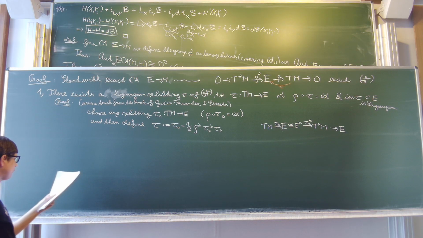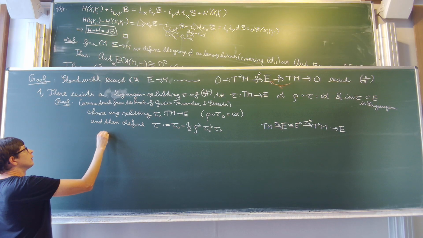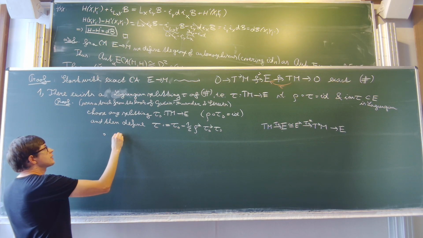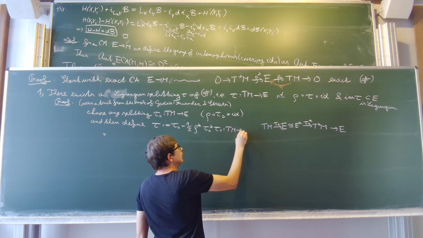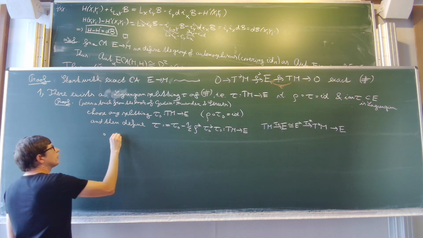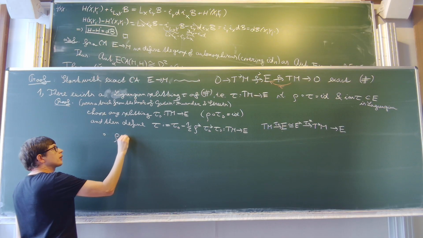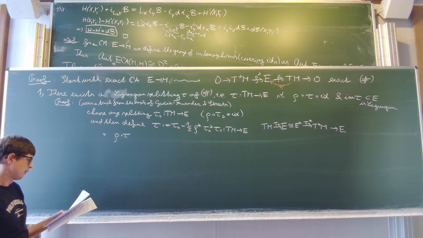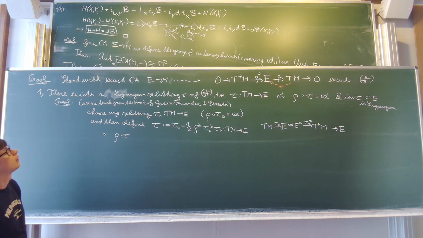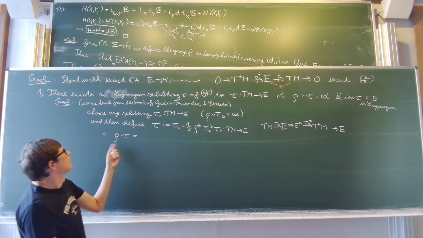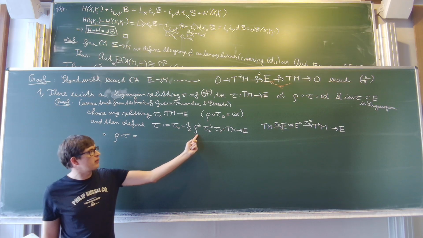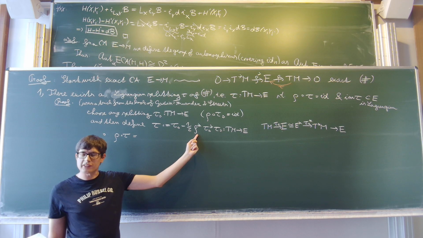So the things to check is, okay, first thing, whether this thing is actually a splitting. So we know that this goes from TM to E. And what happens if I apply the anchor after I apply tau? Well, the thing to remember is that if I apply rho to this guy, I get 0, because rho after rho star is 0.